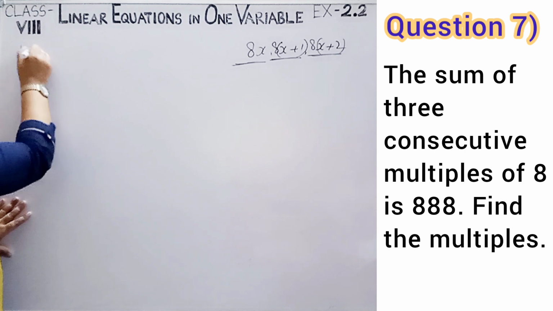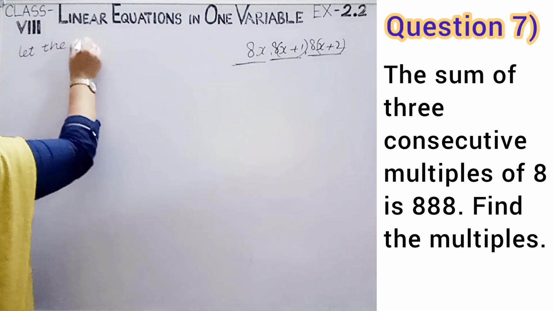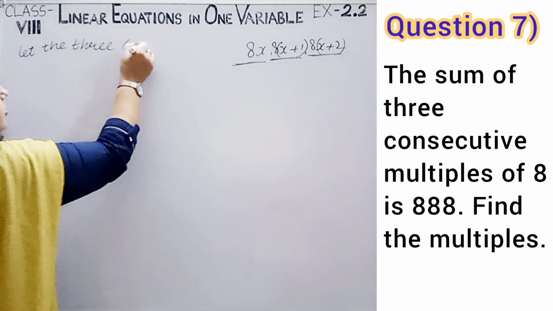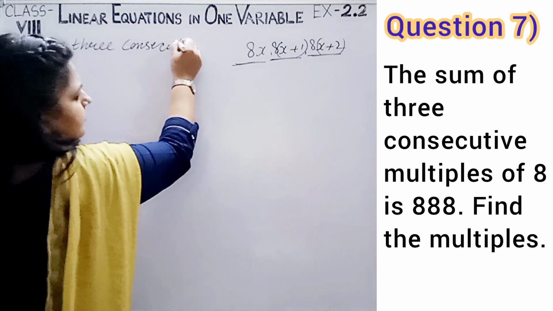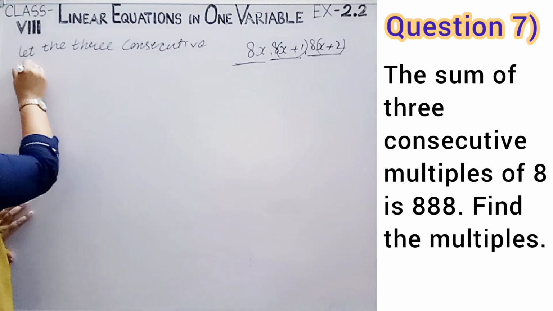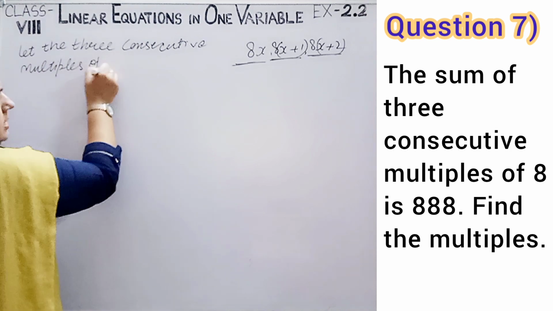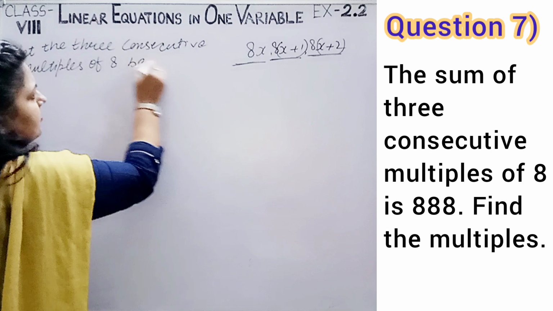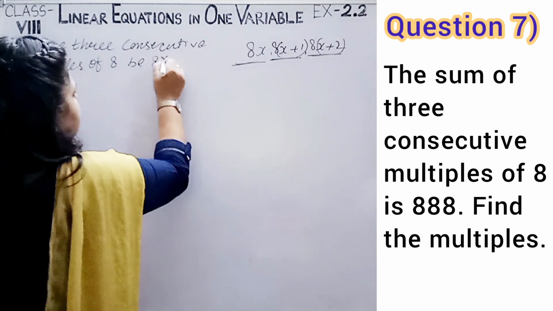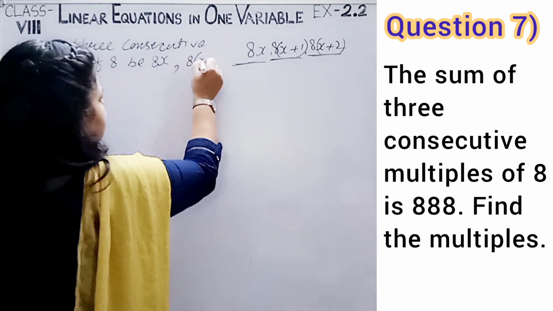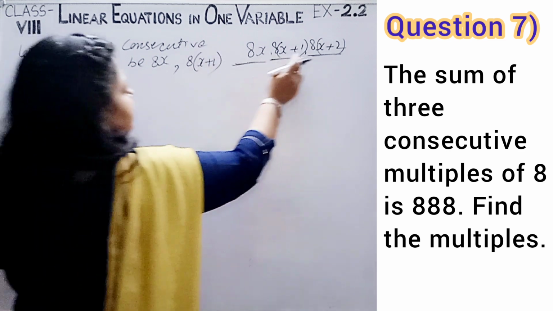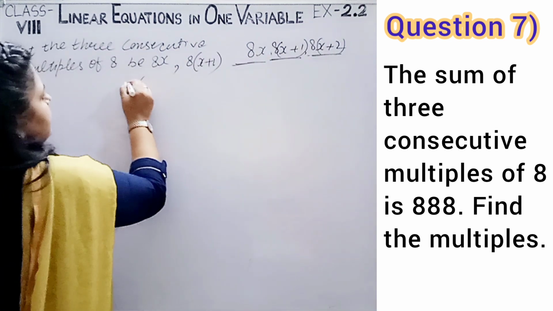Let the three consecutive multiples of 8 be, first is 8x, second is 8 times x plus 1 and the next one is 8 times x plus 2.